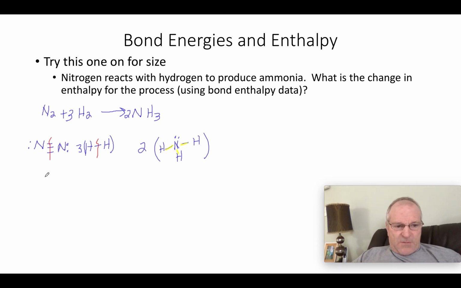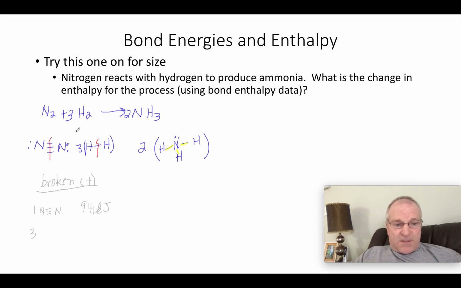So, meanwhile, back at the ranch, broken, positive quantity. This is working so much better. 1 nitrogen-nitrogen triple bond, which is 941 kilojoules. Not surprisingly, a high value.